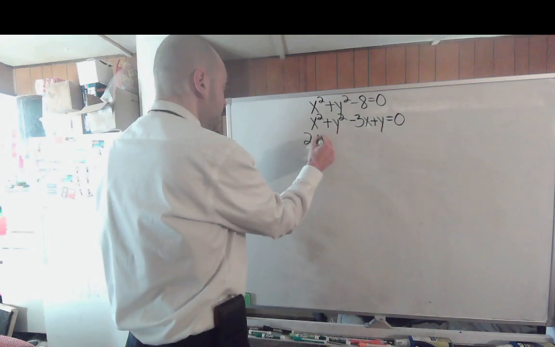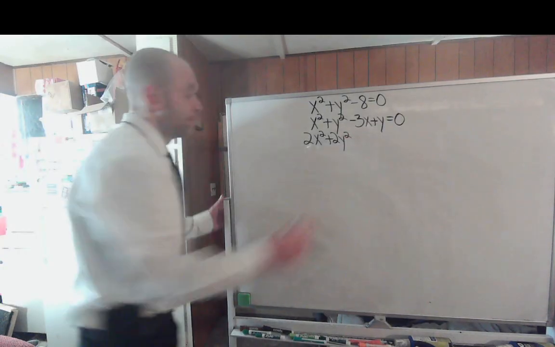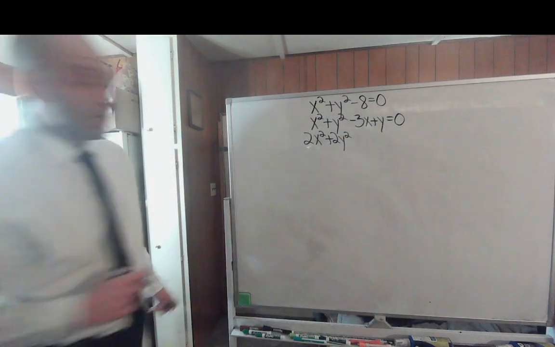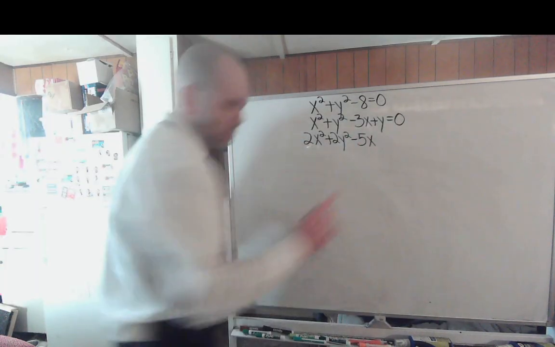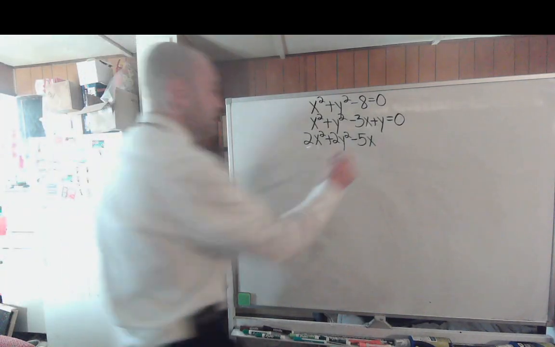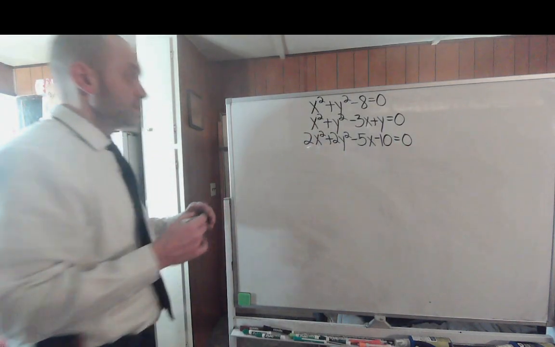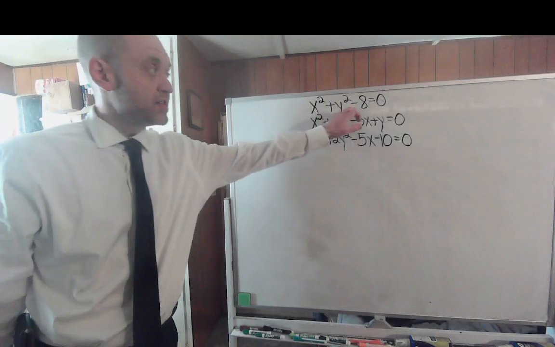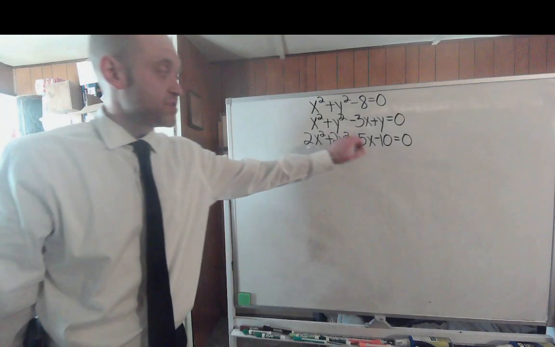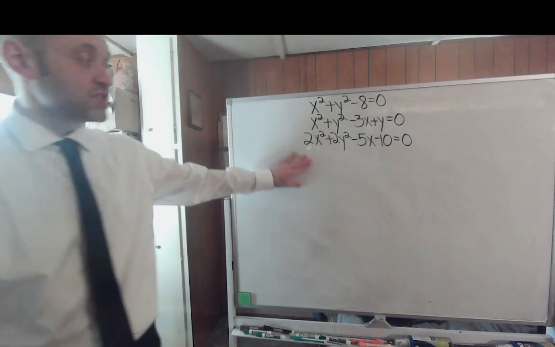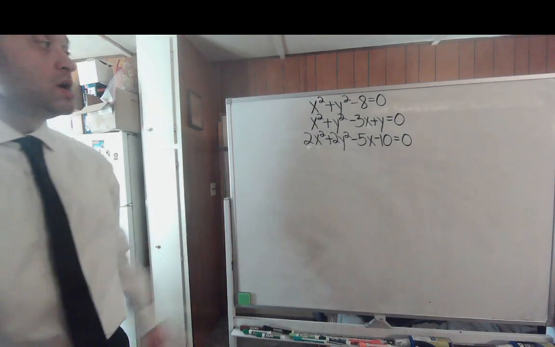Now we have 2x squared plus 2y squared minus 5x minus 10 equals 0. Alright, so we have x squared plus y squared minus 8 equals 0. x squared plus y squared minus 3x plus y equals 0. 2x squared plus 2y squared minus 5x minus 10 equals 0.